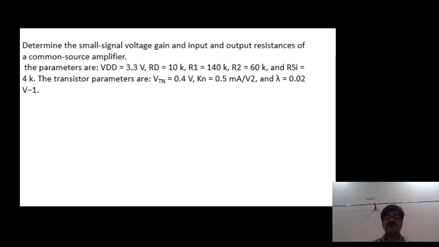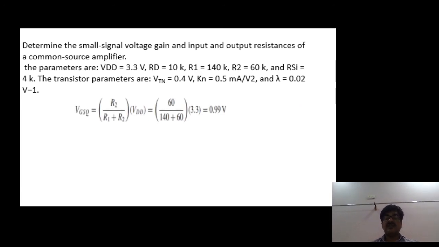As usual, find out the voltage gain, input and output resistances of the common source amplifier with given data: VDD equal to 3.3 volts, the drain resistance RD is 10 kilo ohms, R1 is 140 kilo ohms, R2 is 60 kilo ohms, and Rsi is 4 kilo ohms. The other parameters are threshold voltage 0.4 volts, Kn is 0.5 milliamperes per volt squared, and lambda is 0.02.